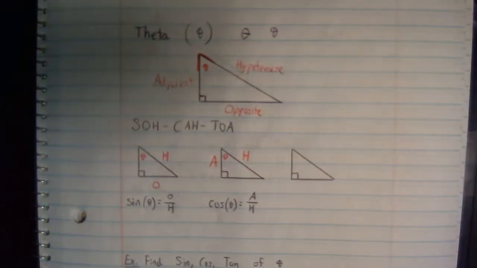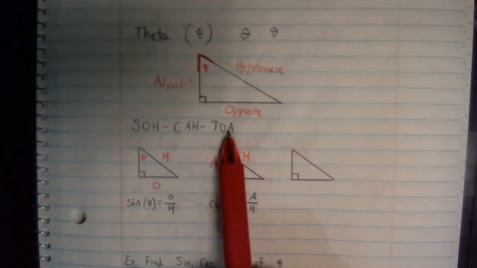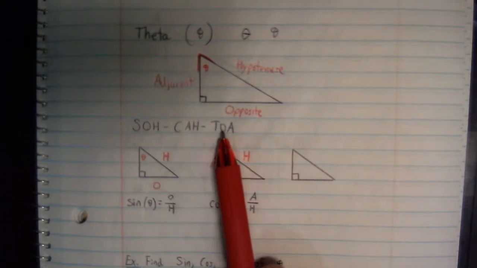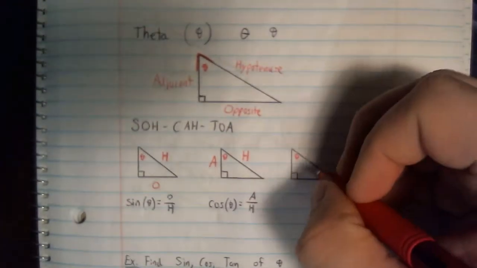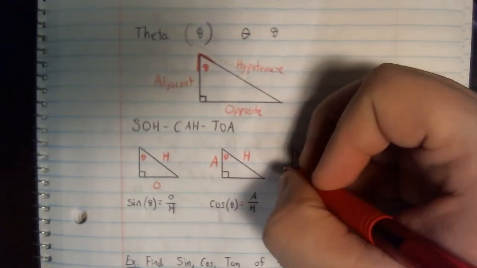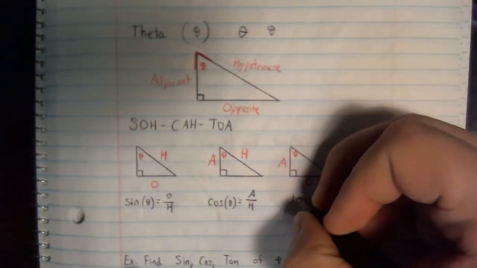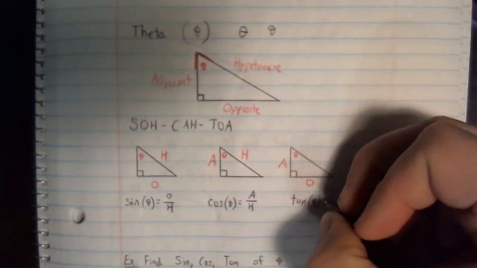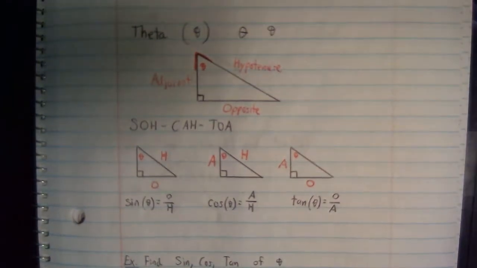And finally, we have tangent, which, as you can probably guess, is opposite over adjacent. OA, opposite over adjacent. So we put theta at an angle, we label our opposite and adjacent sides. Those are the sides that we're referring to. And again, we can write down tangent of theta is equal to opposite over adjacent.